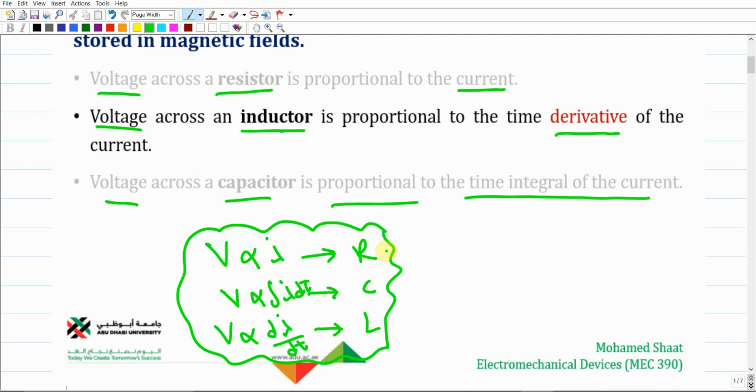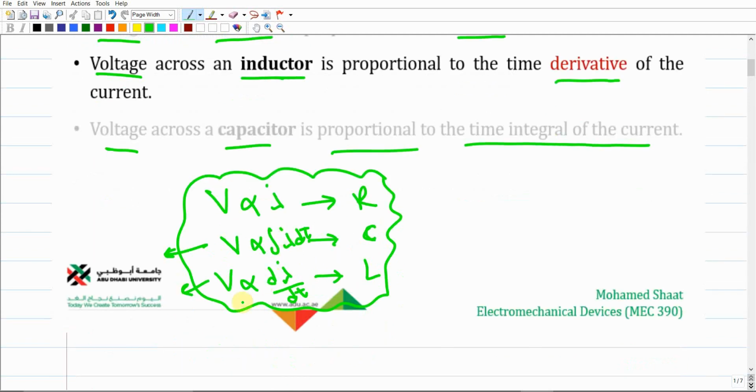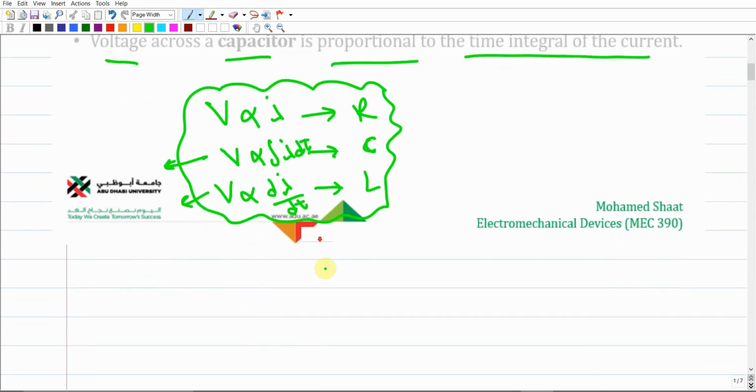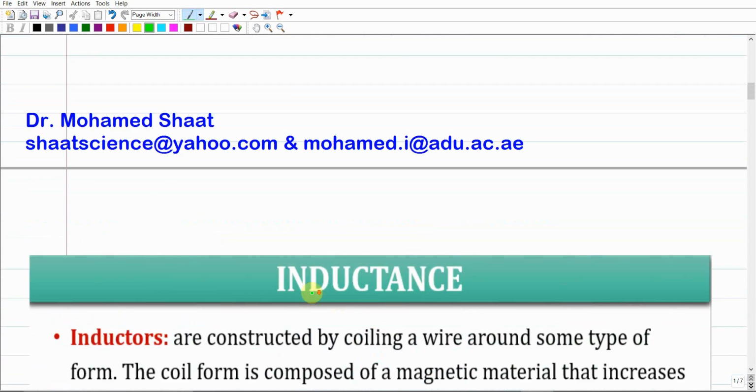In chapter 2, we discussed the resistors, and we practiced how to do analysis for electrical circuits that include resistors only. Through chapter 3, we are discussing the capacitors and inductors, and we end up with these two relations, which give us the ability to control more the voltage and the current and their relation together.